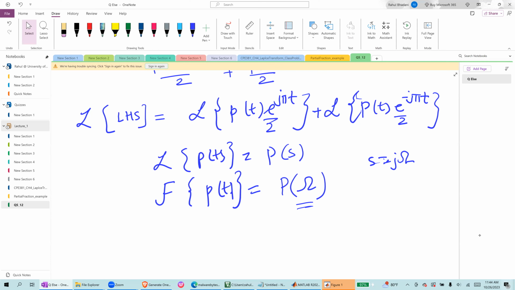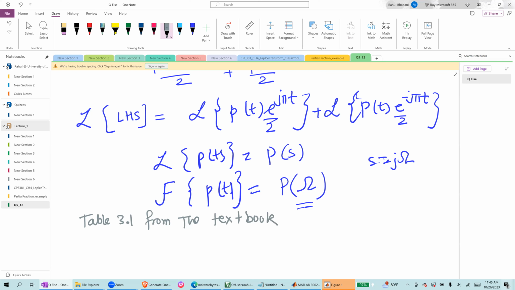Since we have e to the power jπt, you can actually use a table from the Laplace transform, table 3.1 from the textbook.